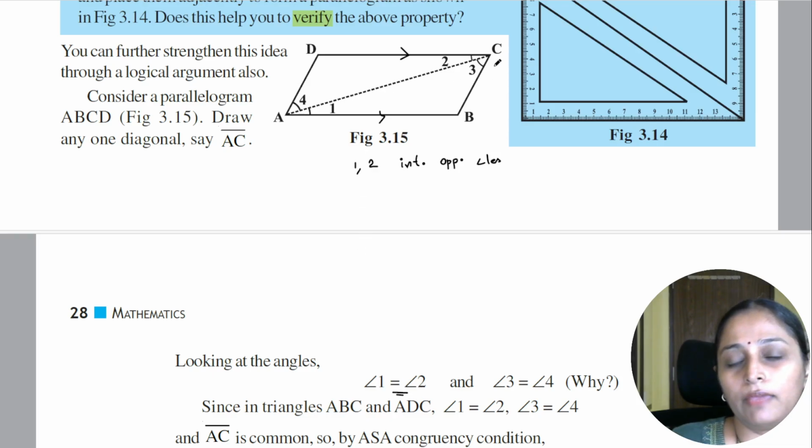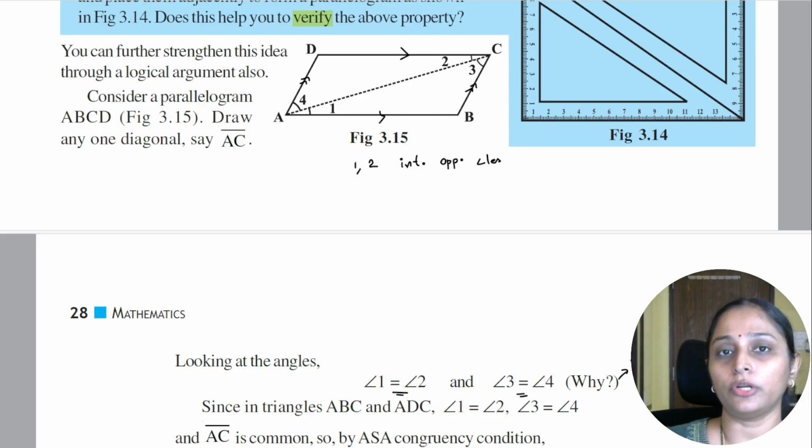Similarly, if you take BC and AD as your pair of parallel lines, and if you take AC as your transversal, then angle 3 is equal to angle 4 again. Why? Because they are interior angles. So the reason here they are asking why. The reason is these are interior opposite angles. And when you have two parallel lines, you already know the properties.